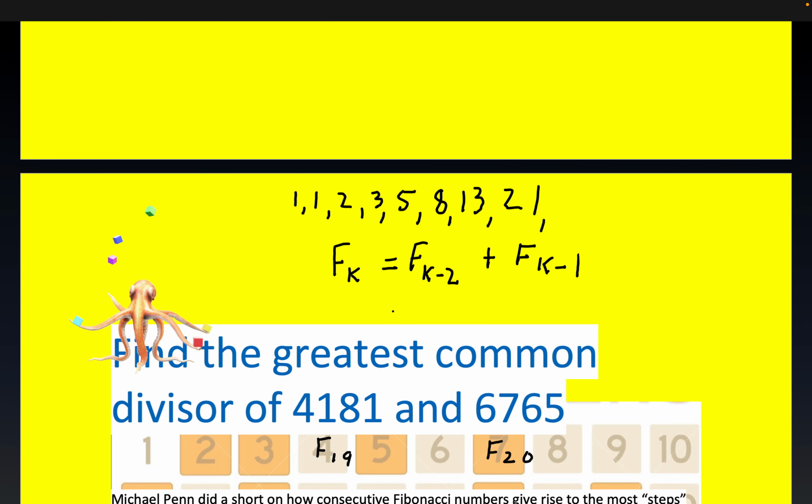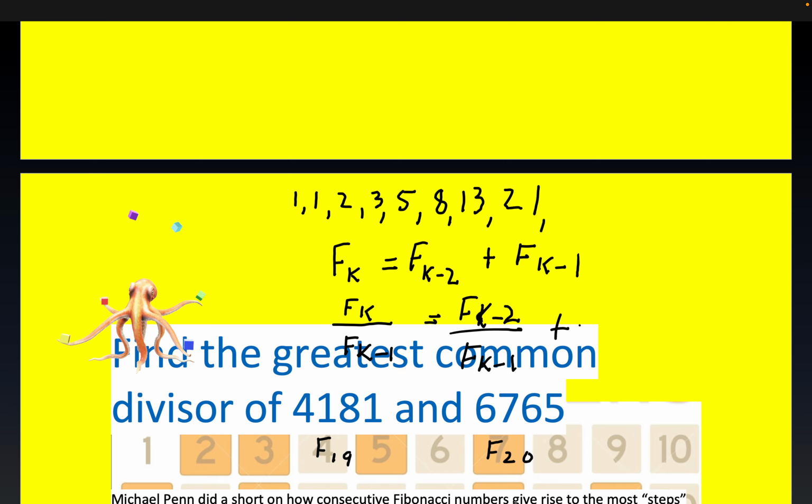Now notice here, if you divide through by f sub k minus 1, I'll just write this down, f sub k divided by f sub k minus 1 would equal f sub k minus 2 over f sub k minus 1, plus 1.